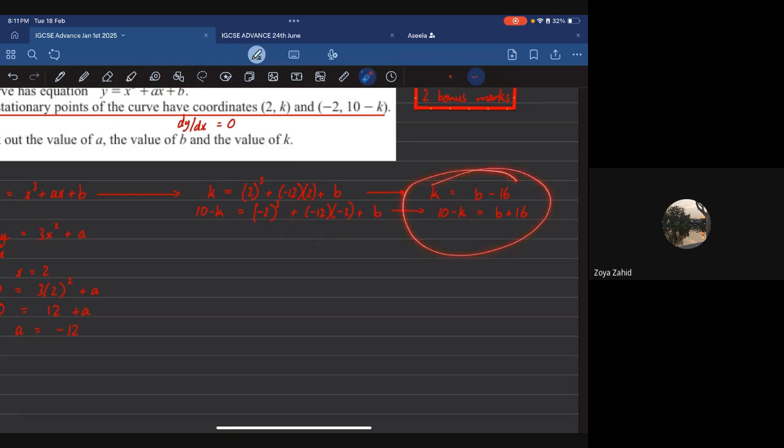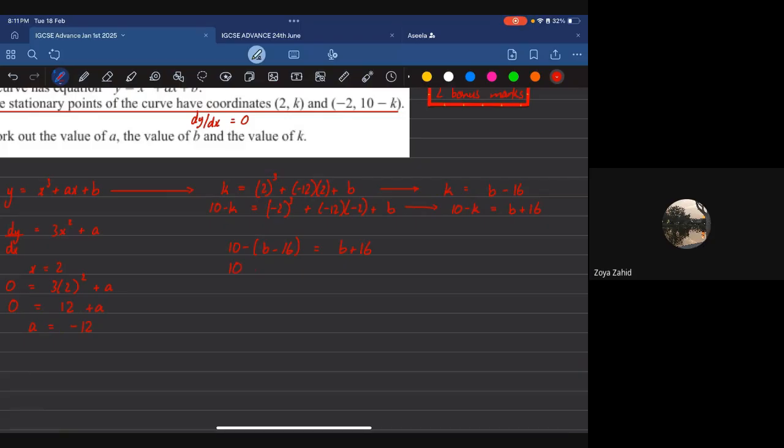Okay, now what's going to happen? Can you not solve this simultaneously? The value of k can be put over here. So if I put the value of k into 10 minus k, it's going to be 10 minus (b minus 16), which is going to be equal to b plus 16. Solving this further, 10 minus b plus 16 is equal to b plus 16.